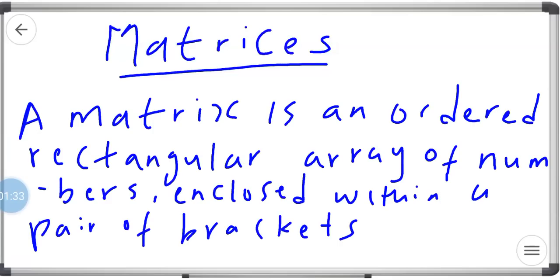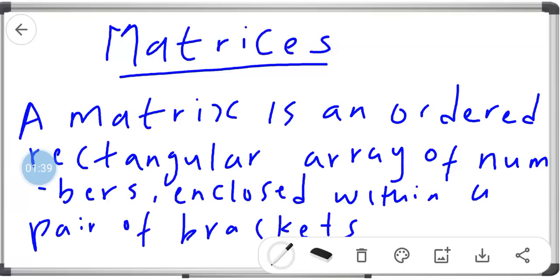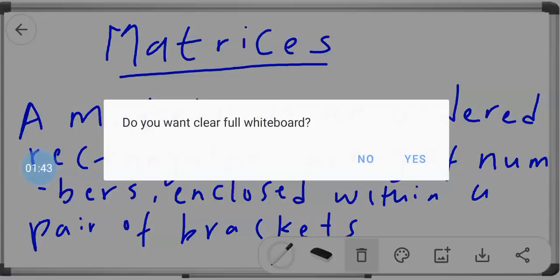So quickly, let's proceed to the row and also the column of a matrix.